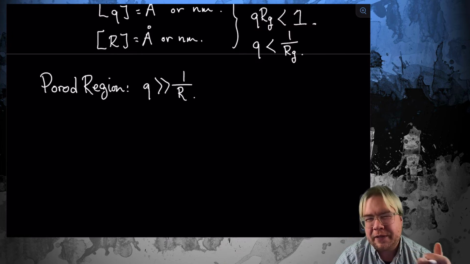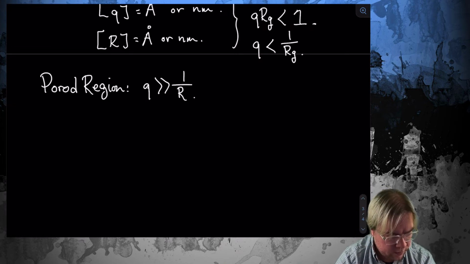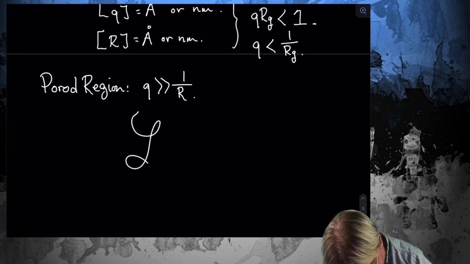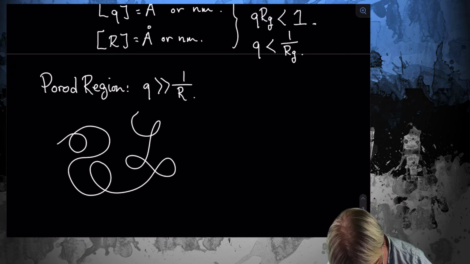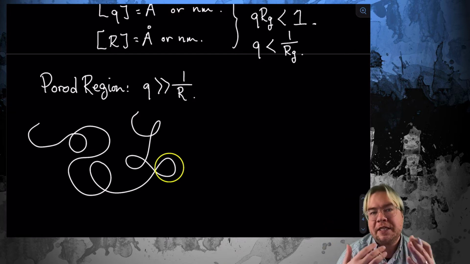Remember, R and Rg are related by a numerical prefactor. So this is the same thing as saying Q is much, much bigger than 1 over R. What does that look like? Well, that looks like us looking only at a small region of the chain like that. So that's what we're doing.